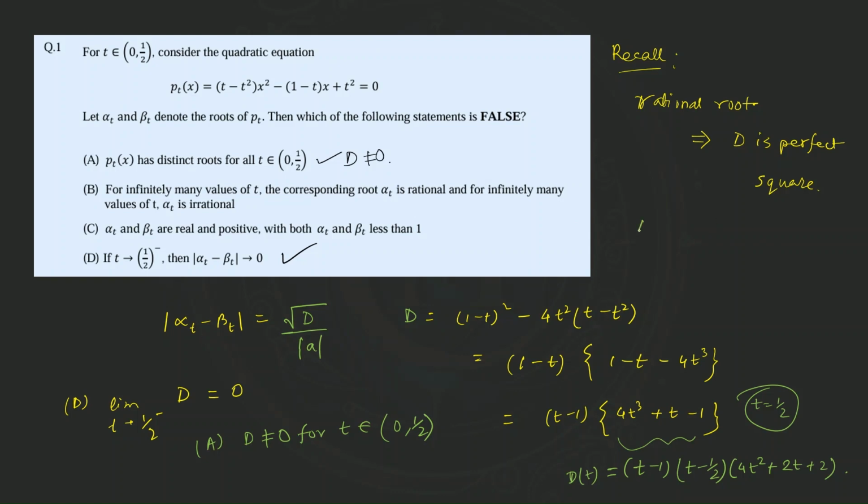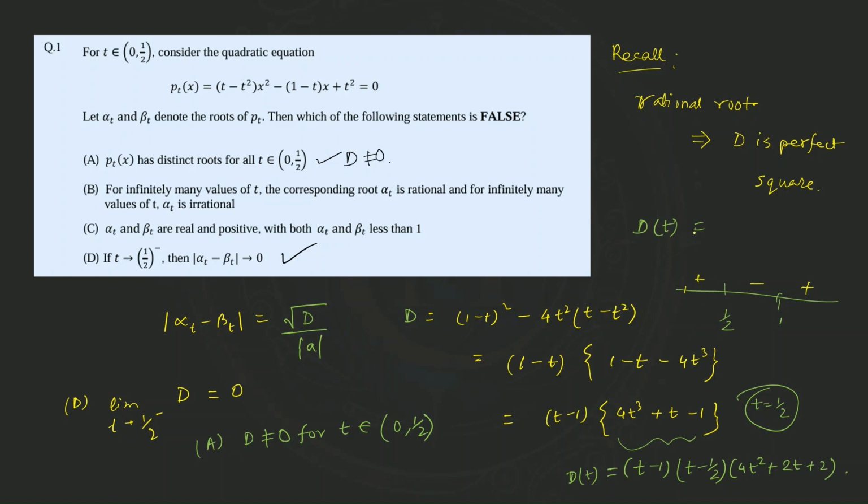So if we check this d as a function of t here, we can use the wavy curve method. So these are the points t equal to half and t equal to 1, right? These are the points where d becomes 0, because we already found an expression for d. Now see, here will be plus, this will be minus, this will be plus, and from 0 to half this d is positive.